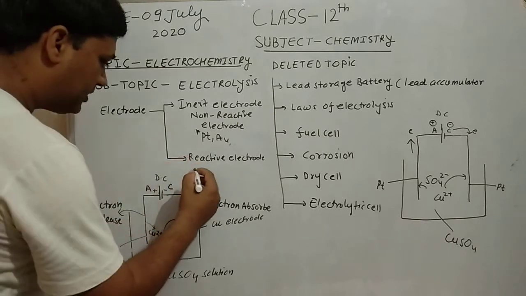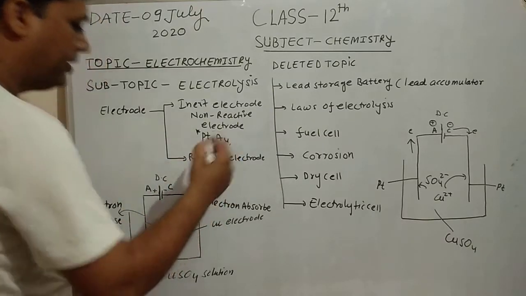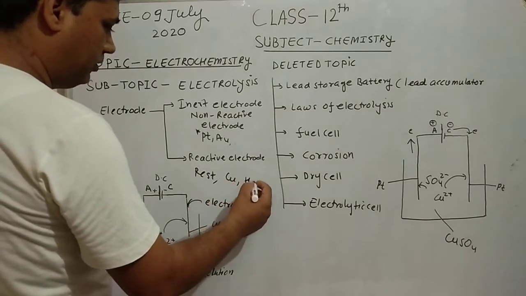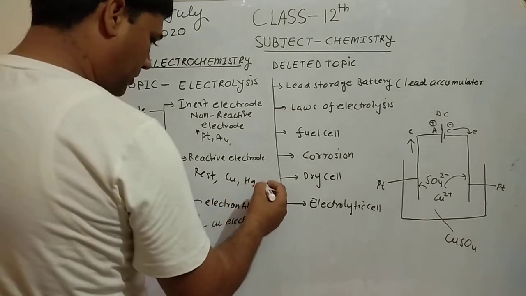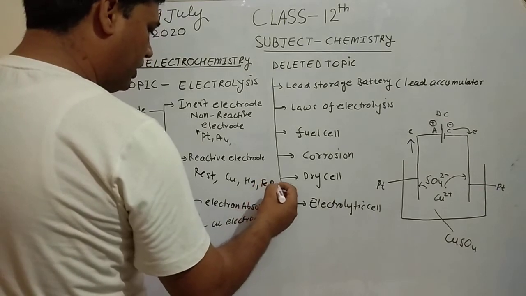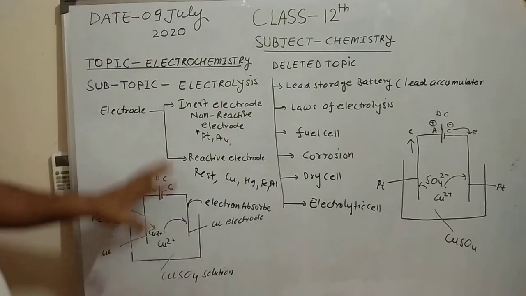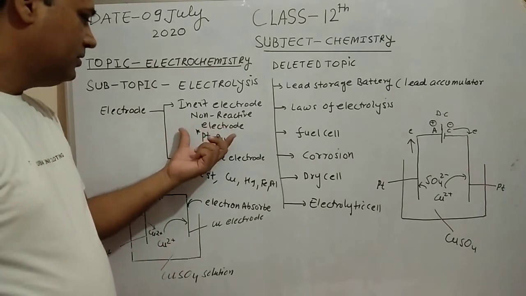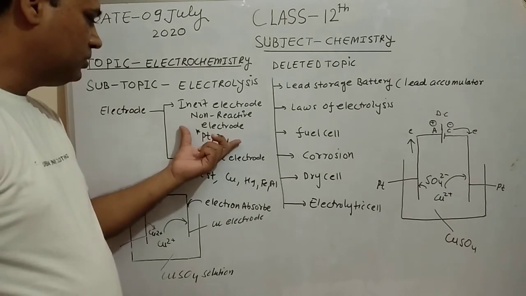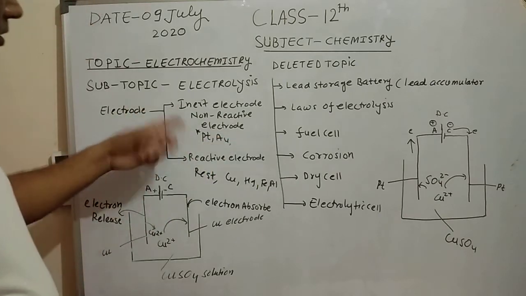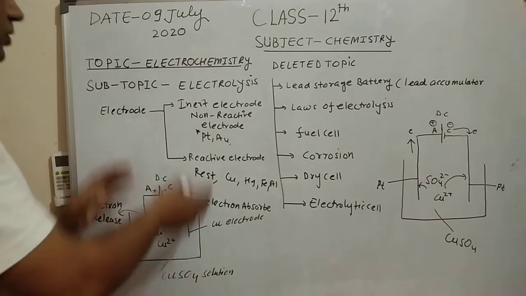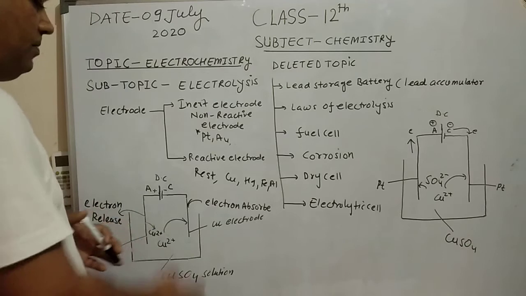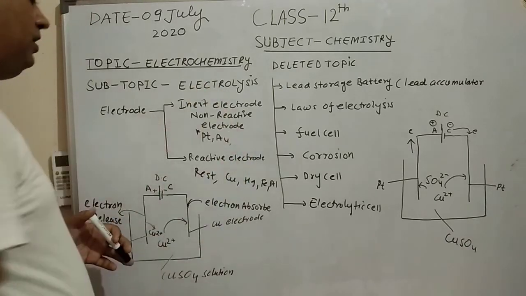Reactive electrodes are the rest, that is copper electrode, mercury electrode, iron electrode, aluminium electrode. An inert electrode is used to maintain the flow of electrons, but it does not participate in the reaction. But a reactive electrode participates in the reaction.